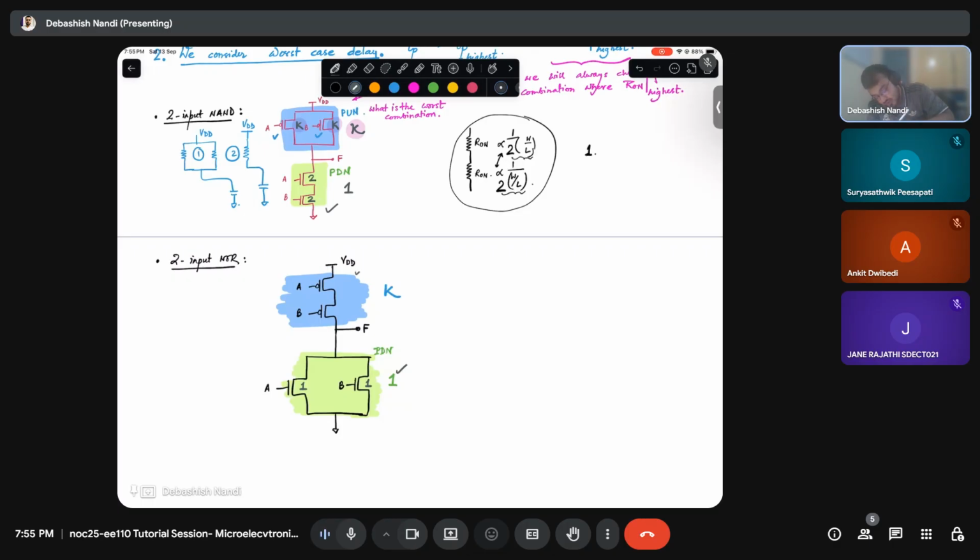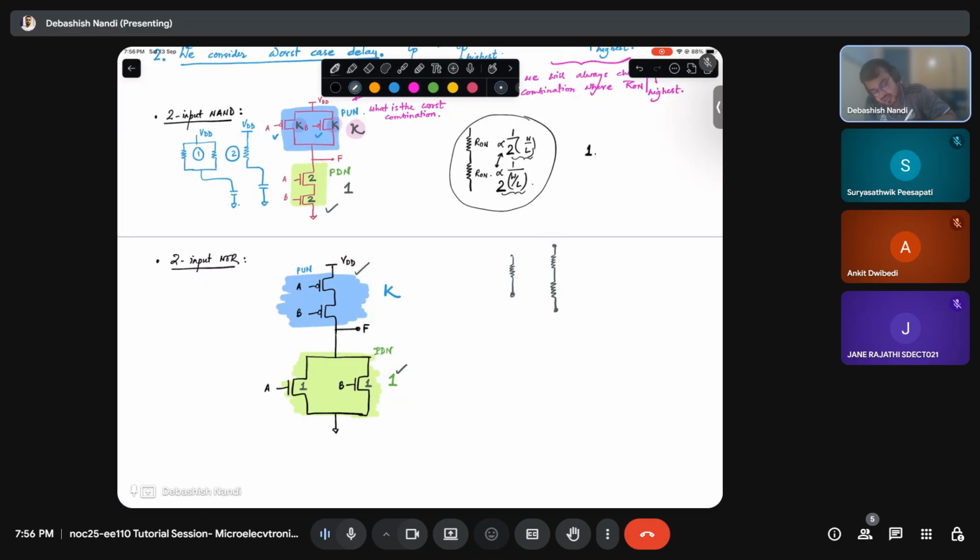Similarly, can you tell me what should be the sizing of this PMOS? What is the worst case here? When both PMOS are on or one PMOS is on? One PMOS on, sir. Why? When one PMOS is on, then there will be open circuit, right? Let's say even if there is no open circuit, there is one case this, another case this in series case.